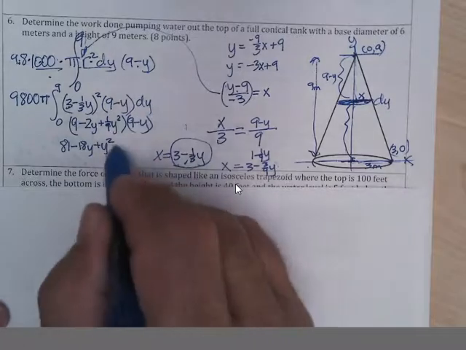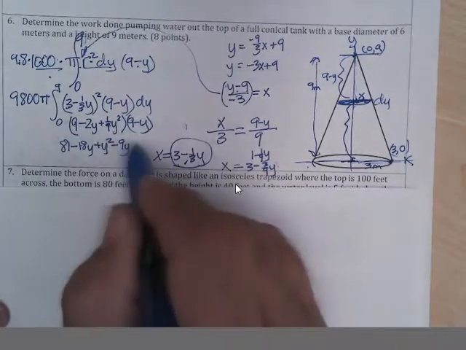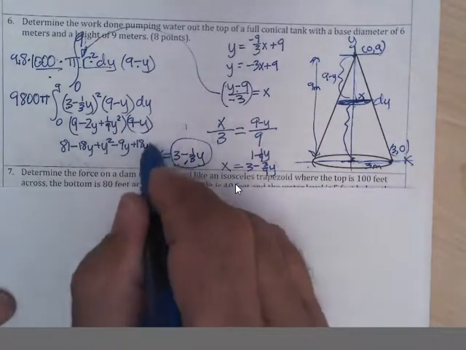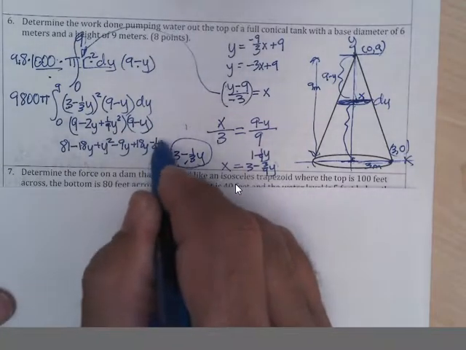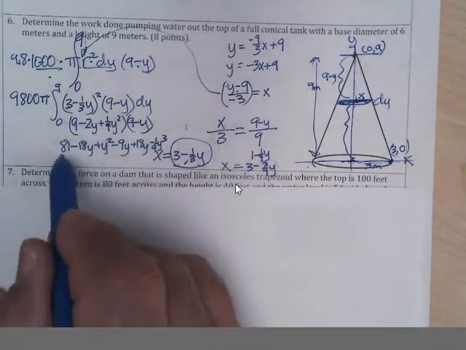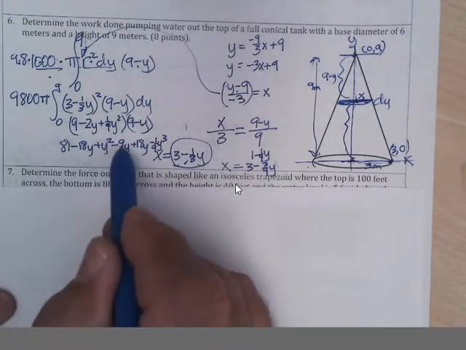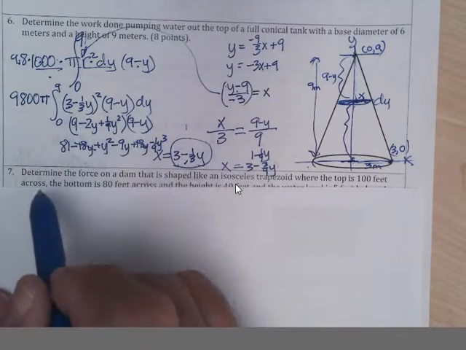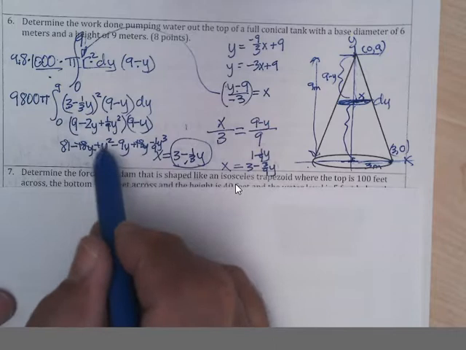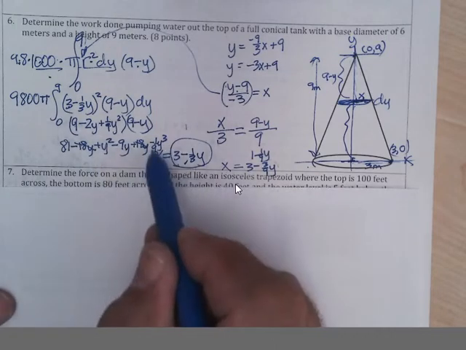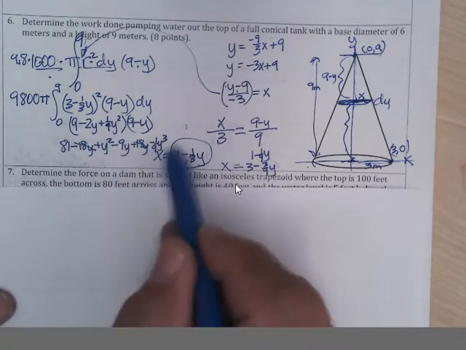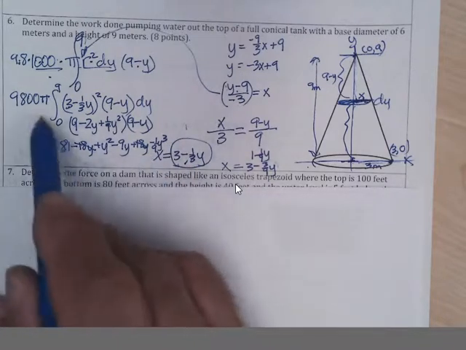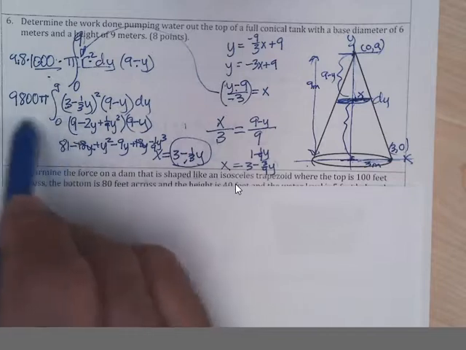Then minus y times all those would be minus 9y plus 18y minus 1/9 y to the third. Oh, the minus 18 and the plus 18 cancel, so I'd just have minus 9y. So I'd have 81 minus 9y plus y squared minus 1/9 y to the third, and I'd have to integrate it and evaluate from 0 to 9, and I should get the same thing the calculator says for here.